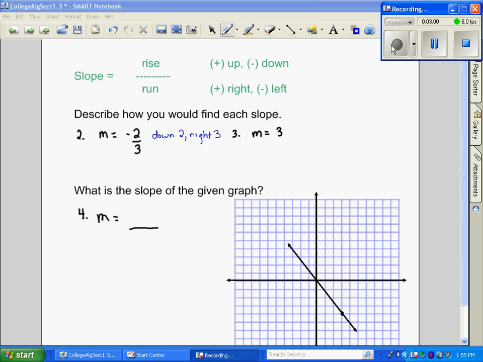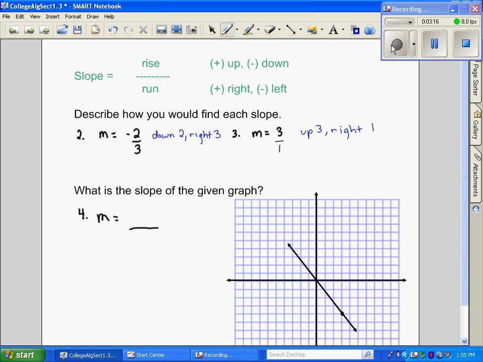To describe how I would find the slope in number 3, first I'm going to put my fraction over a known 1, and then I would go up 3, right 1. Up 3, right 1.